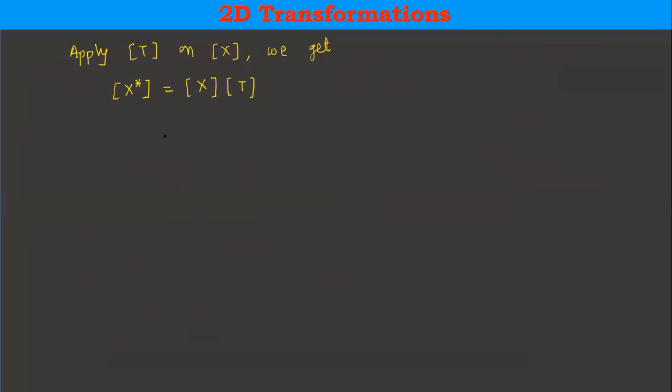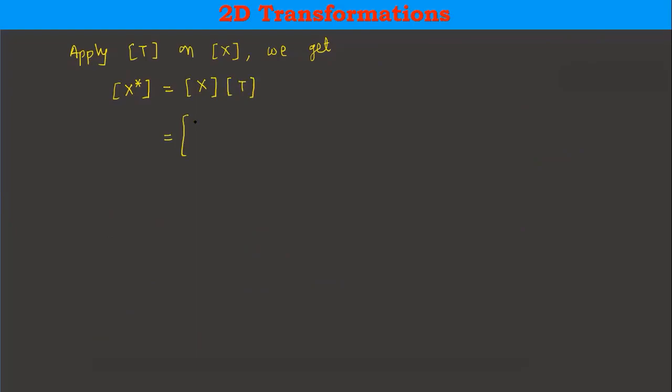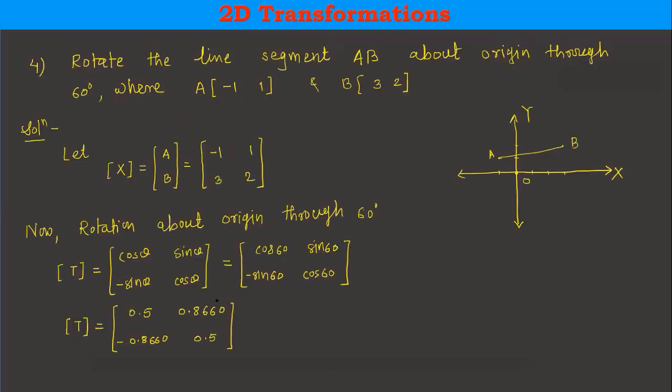So we have the X and T also. So what is the X? It is a 2 by 2 matrix. See, we have X as minus 1, 1, 3, 2. So we will write it here: minus 1, 1, 3, 2. So this is our X. And the matrix T, that we already got here: 0.5, 0.8660, minus 0.8660 and 0.5.